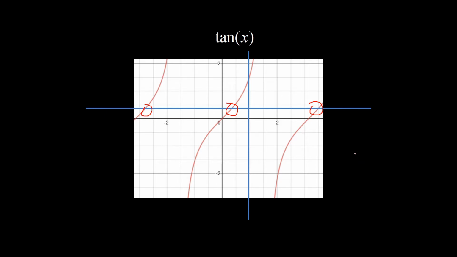And just to say again, why is there no inverse? Because recall that for a function to be a function, it can only output one value per input. In other words, if I put one number in, I can only get one number out. If you put one number in and get two numbers out, then that's no longer a function.